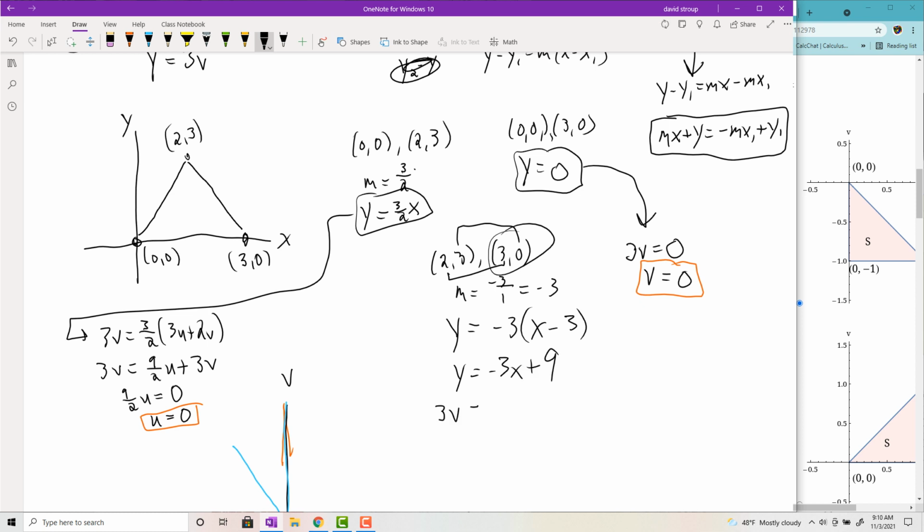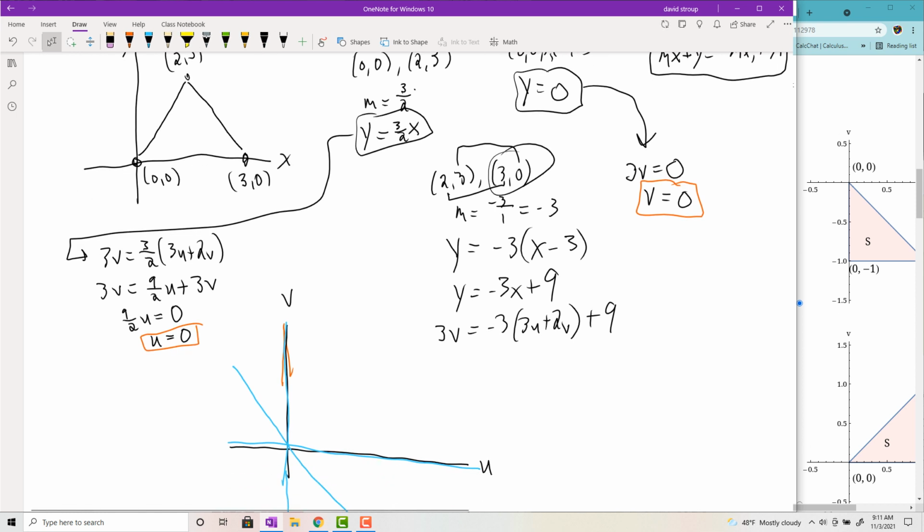So you got 3v equals negative 3 times 3u plus 2v plus 9. So what are we getting? 3v equals negative 9u minus 6v plus 9. Move this v over, so you get 9v equals negative 9u plus 9. Divide by 9, v equals negative u plus 1.